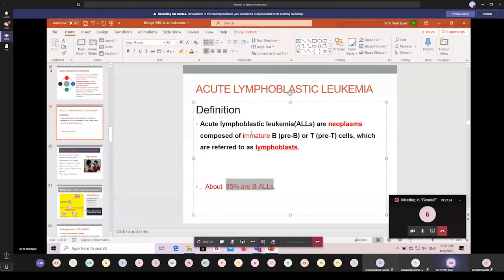B cell is usually good. T cell ALL patients usually die within a short period. In my thesis, all T cell cases died within one or two months, maximum three months only. So B cell is quite okay. B cell usually occurs in children, who also do better.